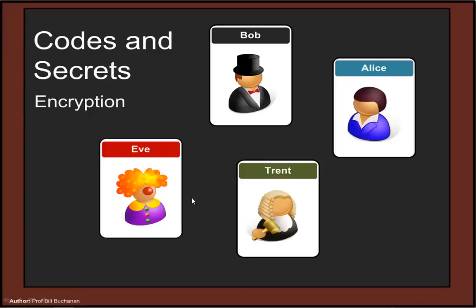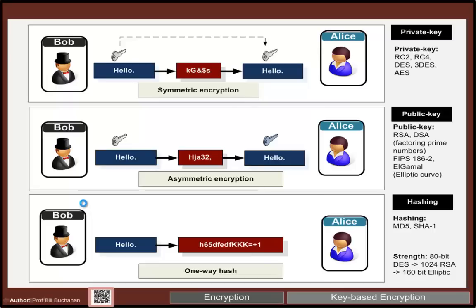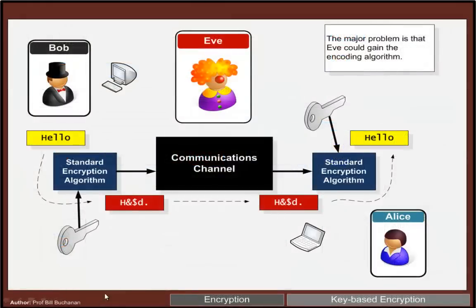So let's look at the basic concept of encryption. What we normally have is Bob and Alice who are sending messages, and to keep the messages secret, we have some sort of key that changes the message into our ciphertext.